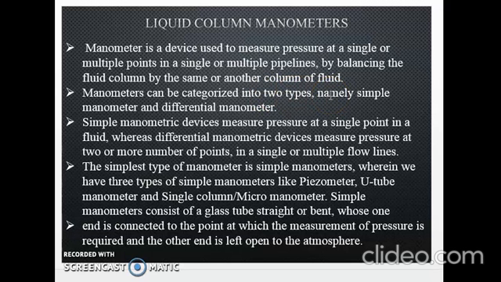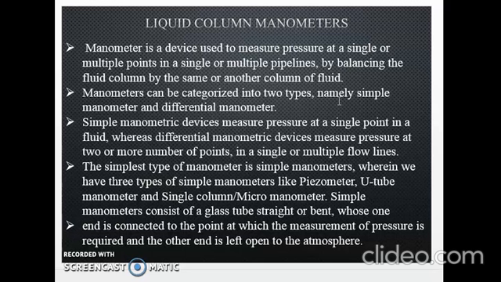Simple manometric devices measure pressure at a single point in a fluid, whereas differential manometric devices measure pressure at two or more points in a single or multiple flow lines. The simplest type is the simple manometer, of which we have three types: piezometer, U-tube manometer, and single column or micro manometer.